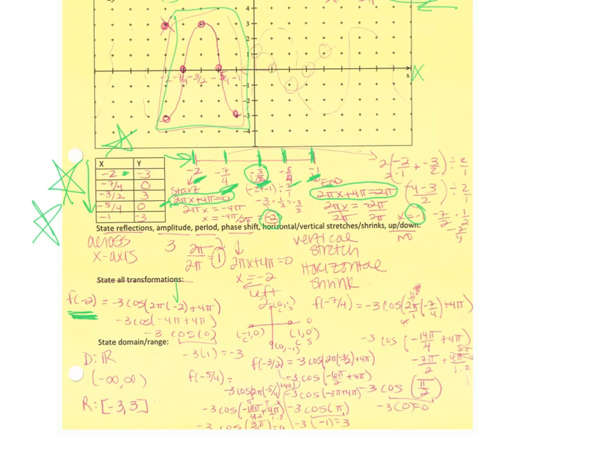So I plug it into the x spot, and you just do order of operations. 2 pi times -2 is -4 pi, and add 4 pi, you get 0, parentheses first. Then evaluate, what's the cos of 0? Well, look over here. The cos at 0 is 1. So then you have 1 times the number in front, -3, which gets you -3 as an output.